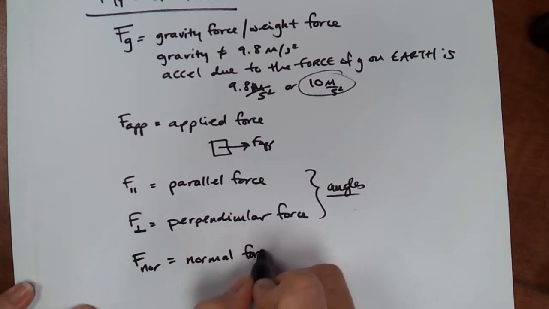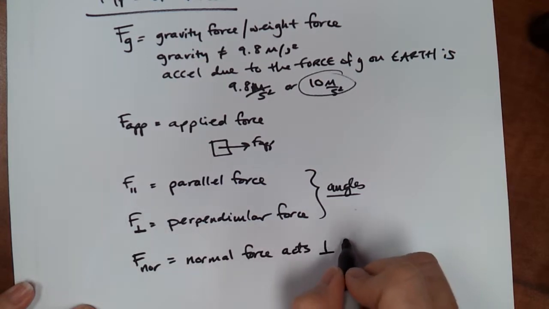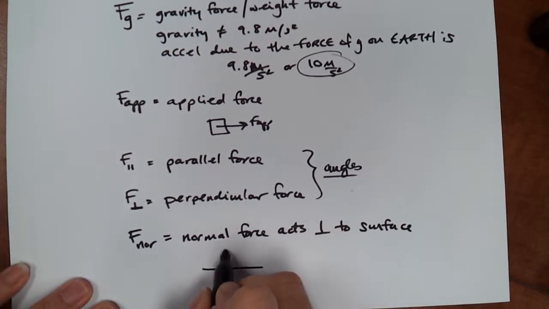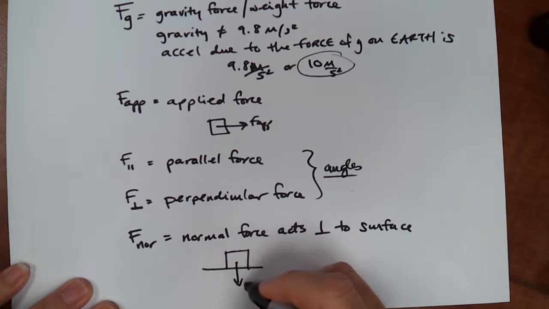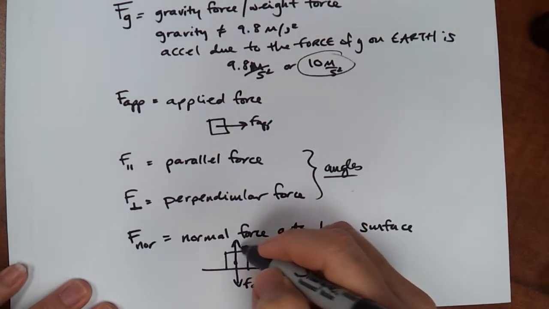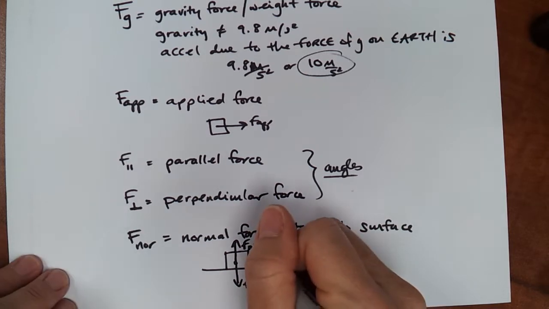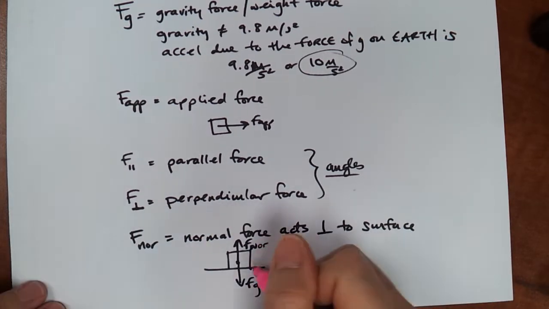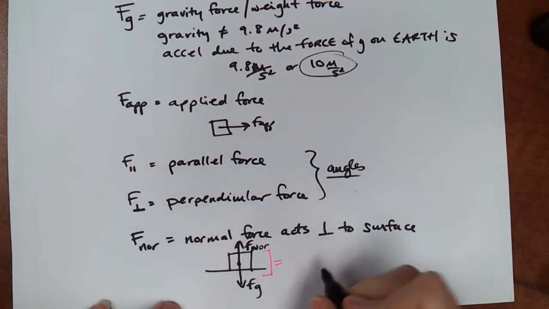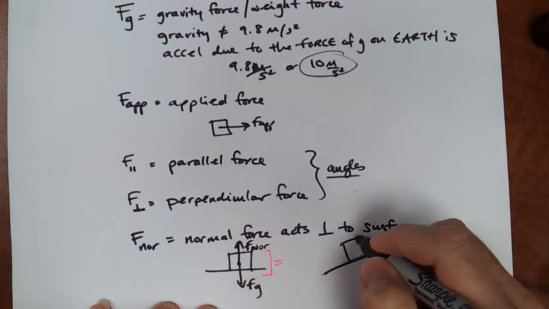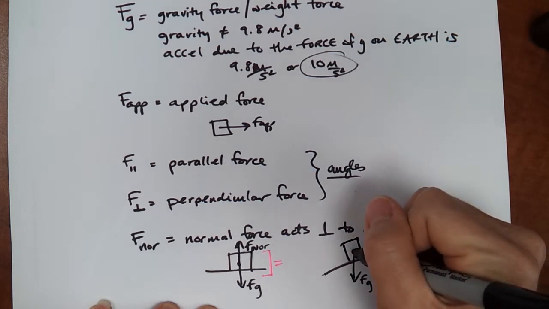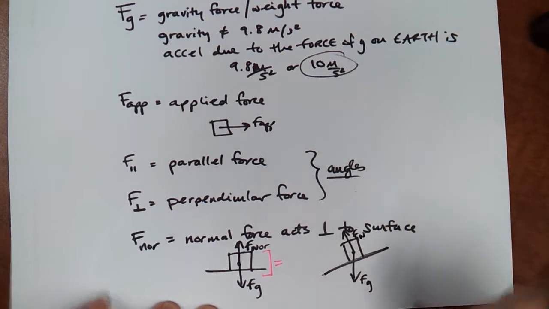And the normal force acts perpendicular to the surface, right? So if I have Fg, F normal is going to act up against that at a right angle to that surface, and at this point they are equal, right? These two forces are going to be equal. When they're not equal, if the object is on a slant, gravity still is drawn down, and the normal force is still drawn up at a right angle.